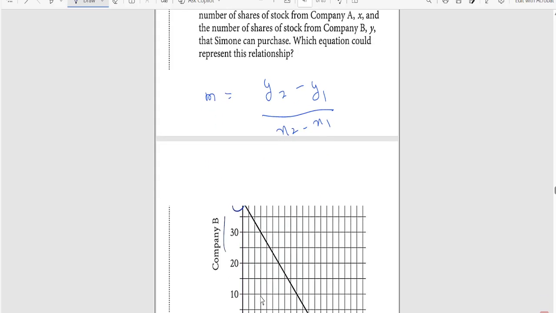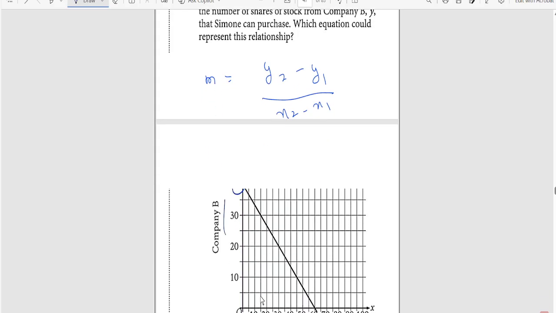I have these 2 points, 0 comma 40 and 60 comma 0. Using this, y2 is 0 and y1 is 40 over x2 is 60 and x1 is 0. So if I do this, negative 40 over 60, which will give me negative 2/3.